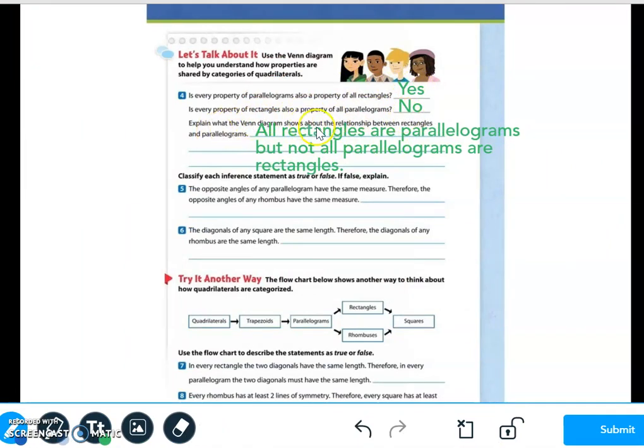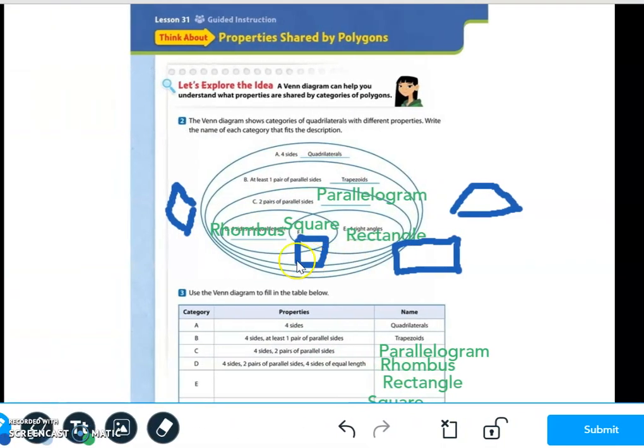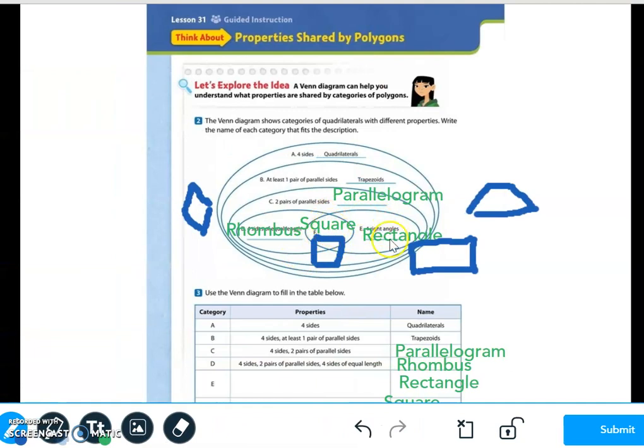Next, it says explain what the Venn diagram shows in relationship between the rectangles and our parallelograms. What we see here is that all of our rectangles, as we see in this rectangle circle, are inside of our circle of parallelograms. So all rectangles can be parallelograms. All rectangles have four right angles, and they will all have two pairs of parallel sides.